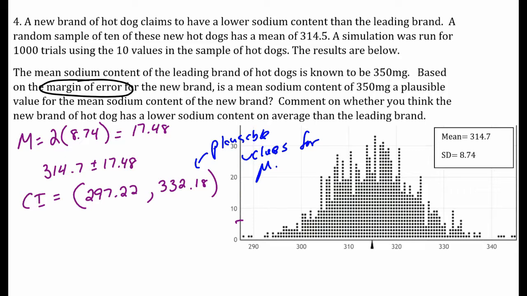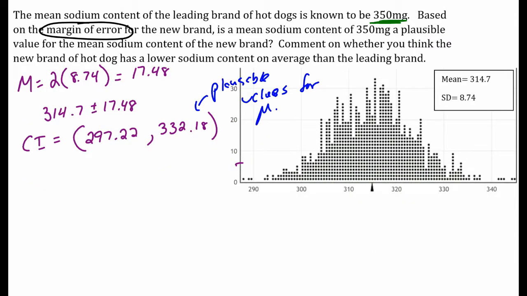So the leading brand has an average of 350 milligrams. Does this new hot dog brand actually have a lower sodium content? Well, we don't know if it actually does, but our confidence interval gives us some statistical evidence that says it probably is lower.